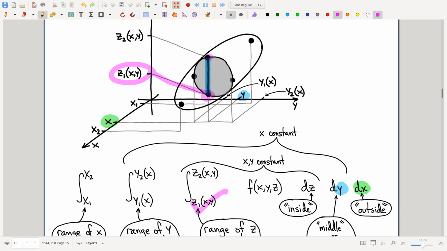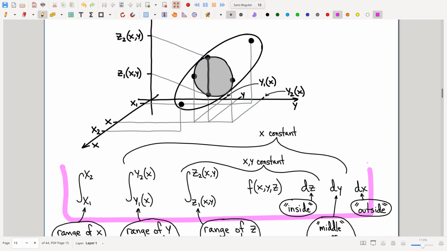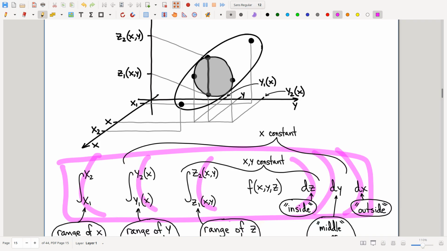And z will end at that point, and thus have that upper bound. And there you go. Notice we now have our triple iterated integral. An integral with an integral inside of it, inside of which is another integral. Is that cool? All right. Just following the pattern from double integrals.